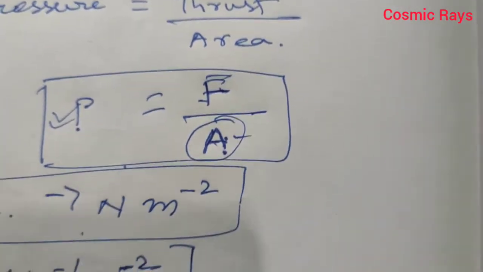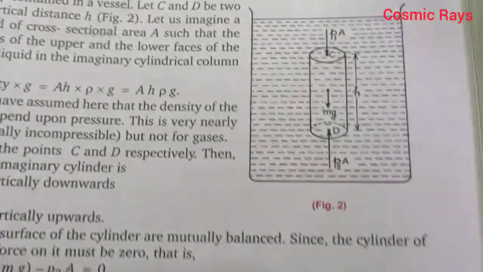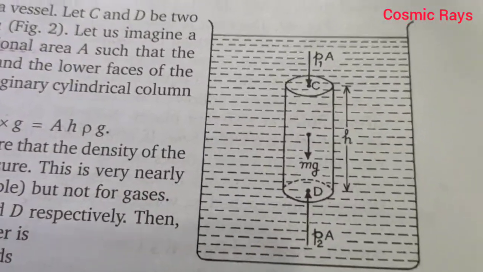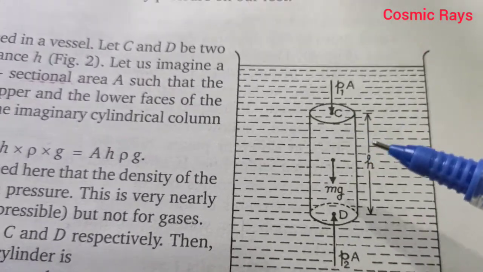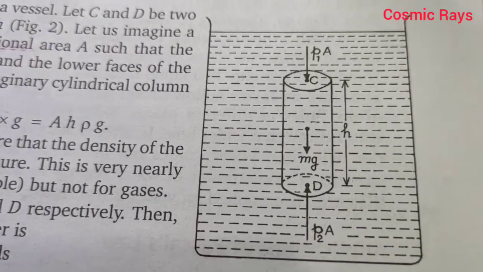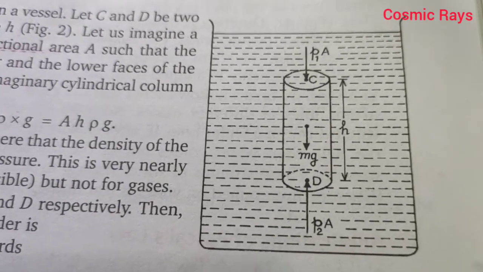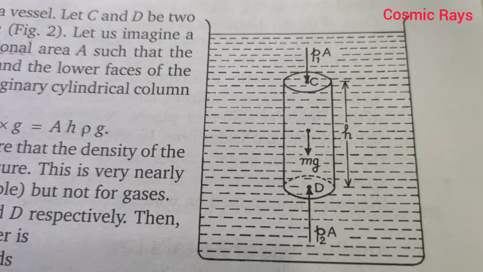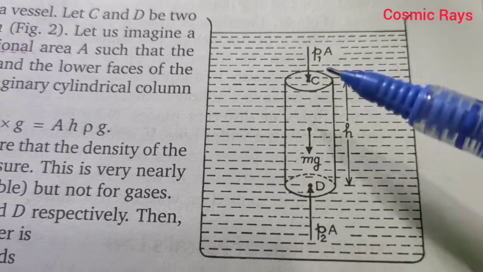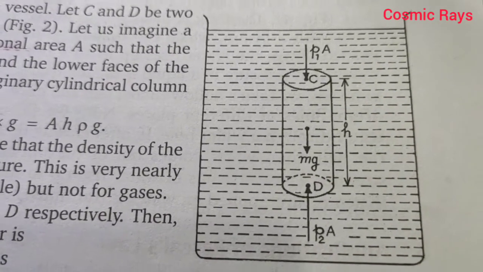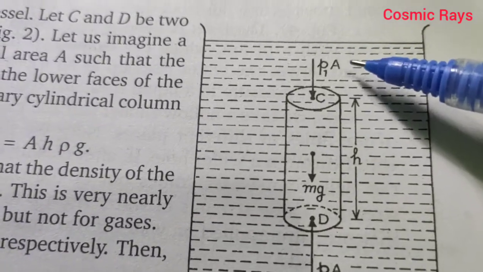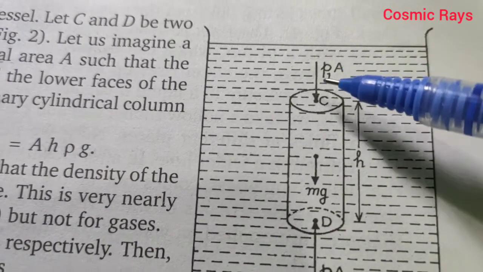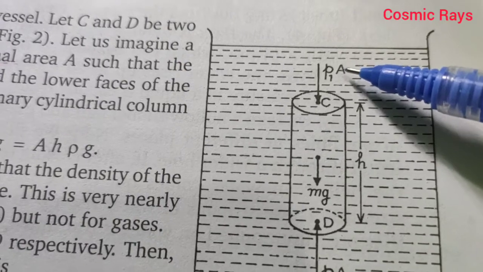Now, when we talk about the pressure due to a liquid column, please check this figure. Here we have a body which is dipped in the fluid or liquid. Here we find that there are three forces acting on this particular body which is immersed in the fluid. What are they? This is the first force acting on the body, that is pressure 1 multiplied by the area.